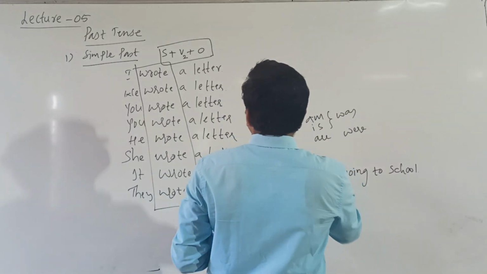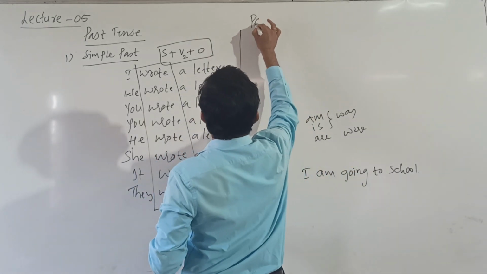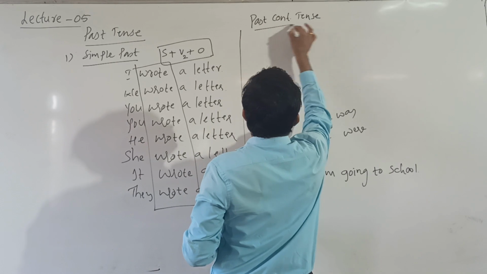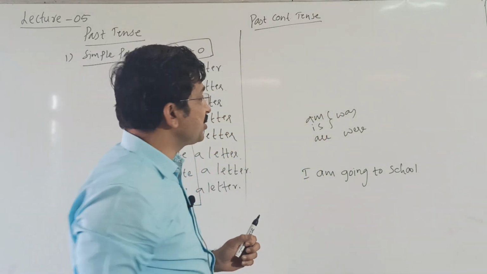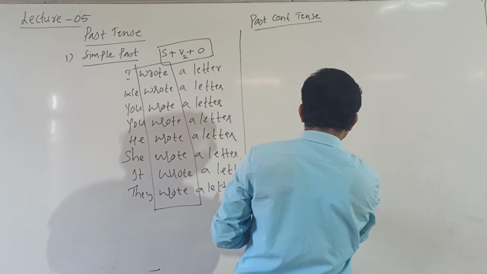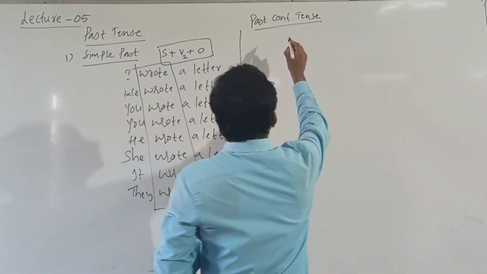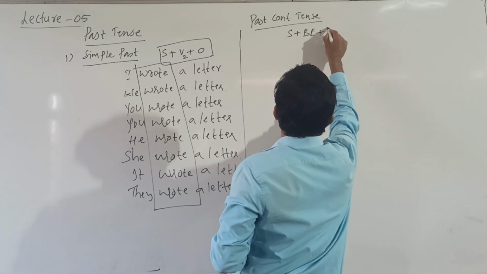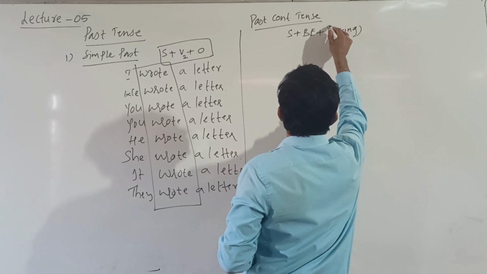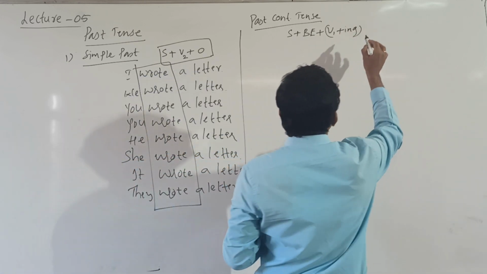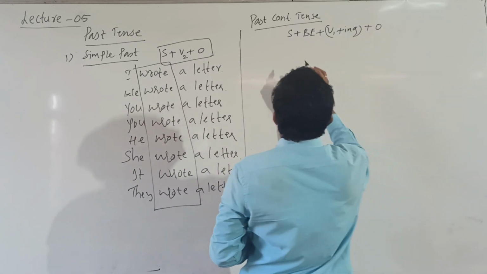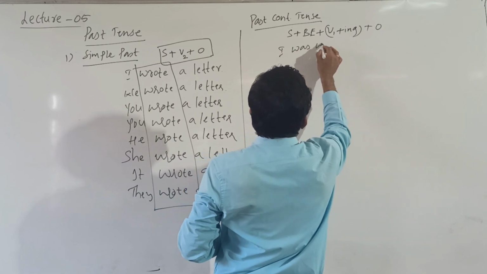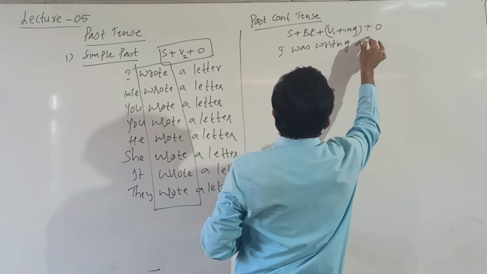Hence, in past continuous tense, its structure is S plus be form plus V1 plus ing, that is the present participle, plus object. Here, I was writing a letter.